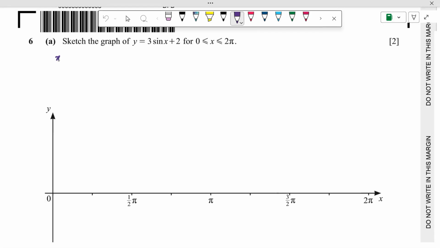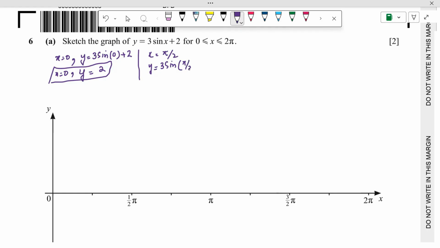When x is equal to 0, y is equal to 3 sine of 0 plus 2, which is equal to 2. When x is equal to pi by 2, y is equal to 3 sine of pi by 2 plus 2, which is 3 times 1 plus 2, which is equal to 5.